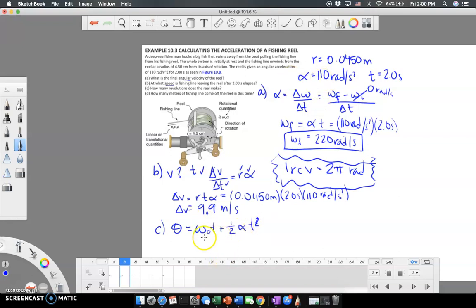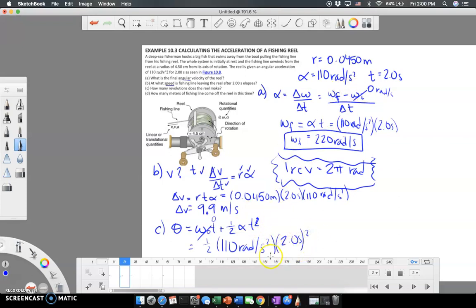So we have our omega naught is 0, so we can go ahead and plug that in there. And then we can plug in our alpha, which is 110 radians per second squared, times our time squared, which is 2 seconds.